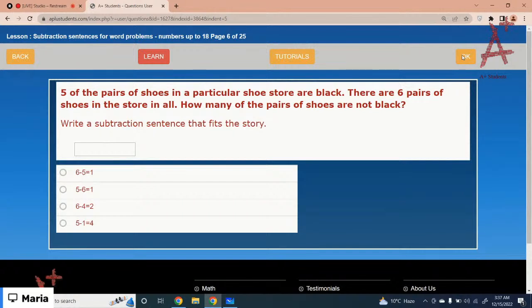So which of the subtraction sentences is the correct one? You always write the greater number first. So it would be 6 take away 5. So 6 take away 5 equals 1. Got it? So just select the correct option, then click on the OK button.